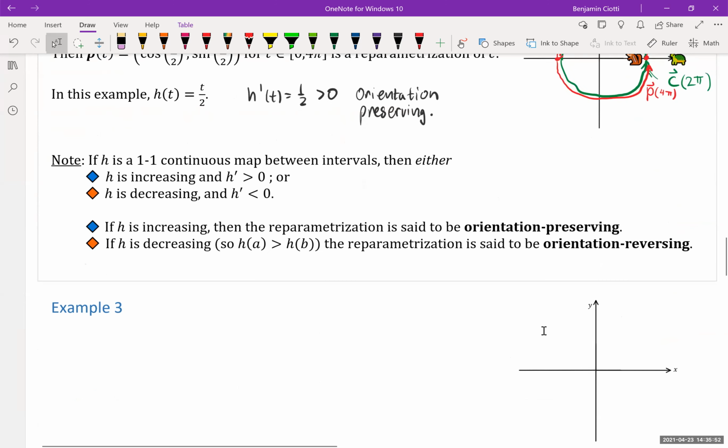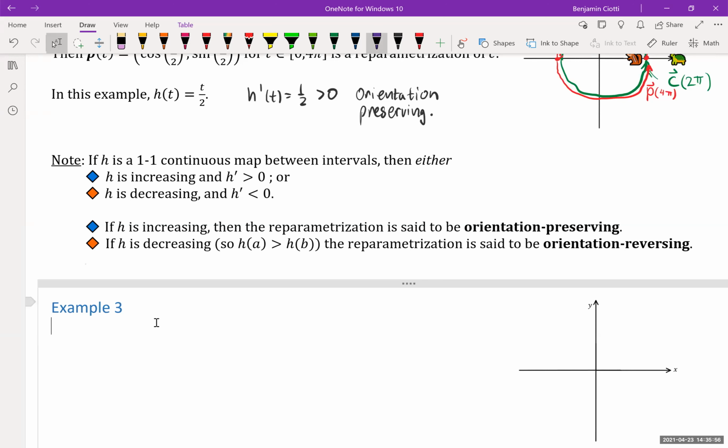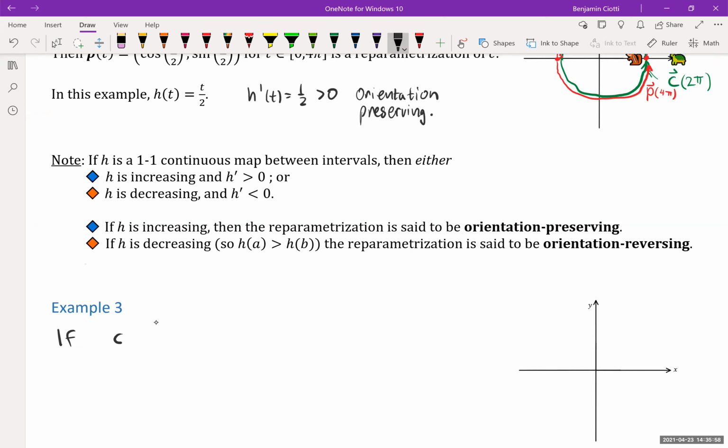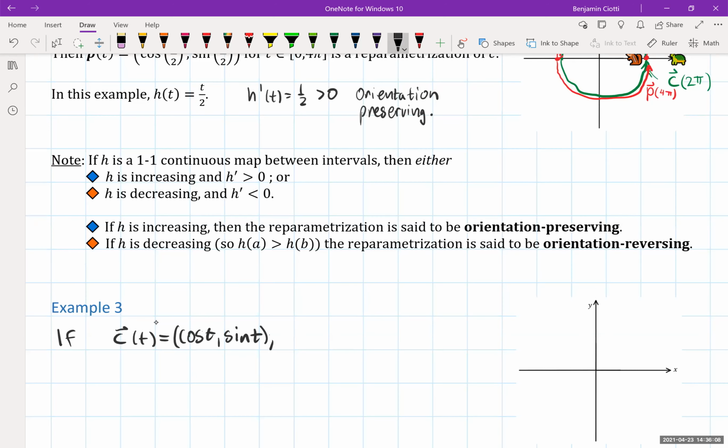Okay, so let's try one that's orientation reversing. Let's use the same C of t, which was cos t, sine t, and t is in 0 to 2 pi.